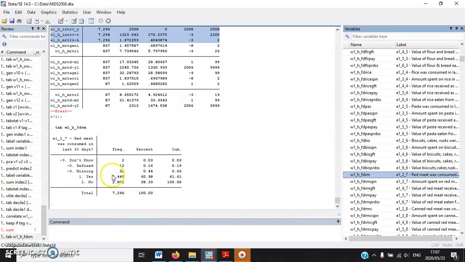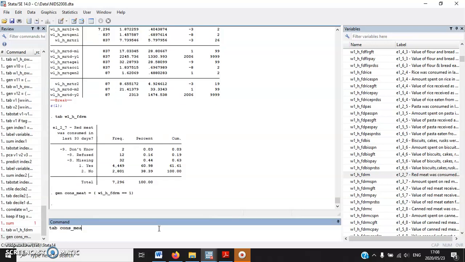Okay, so in other words, 4449 out of 7296 households, they admitted, yes, I consumed red meat in the last 30 days. So let's generate the dummy. Let me call it cons meat. And this, I shouldn't type it actually, I can just click it. E127. So as long as this is equal to 1, then my cons meat dummy will be equal to 1.